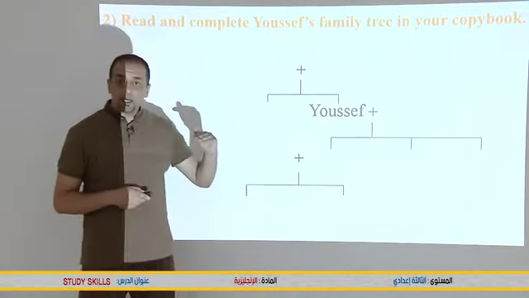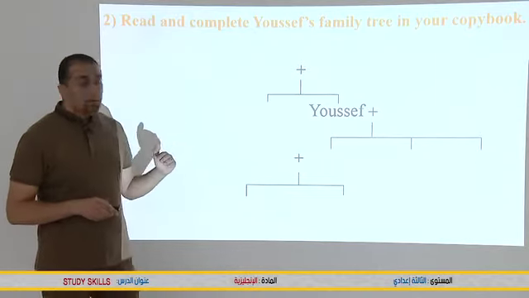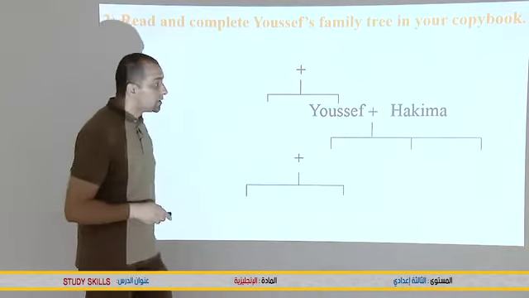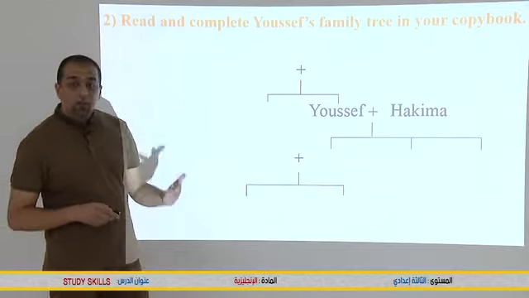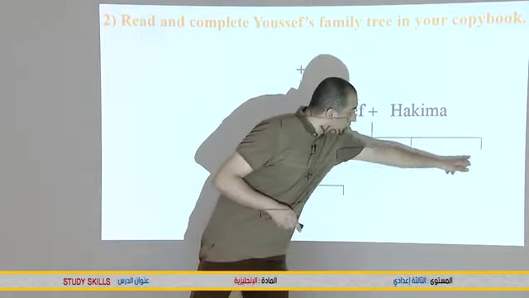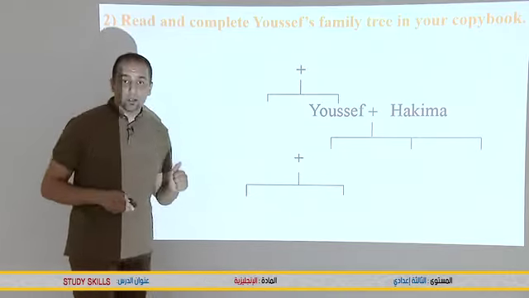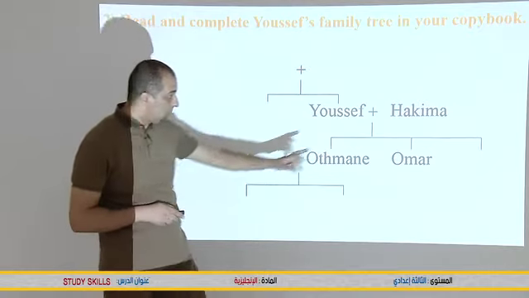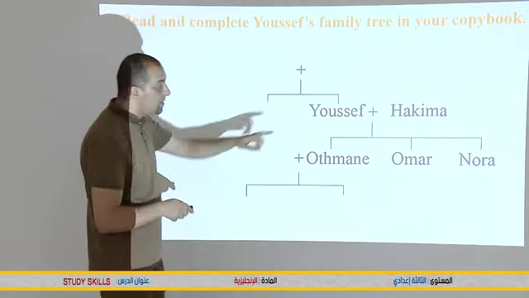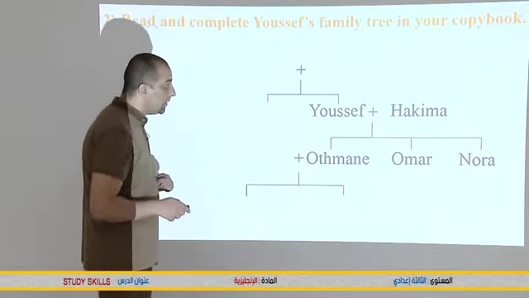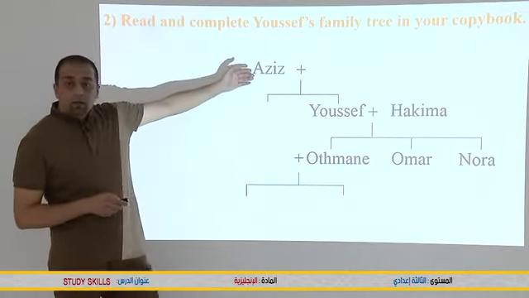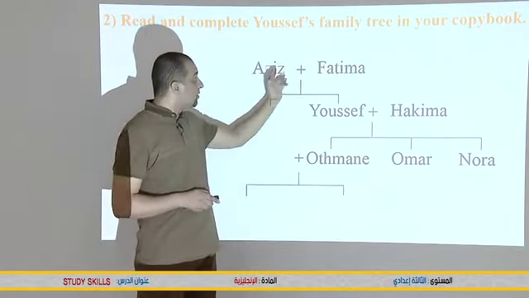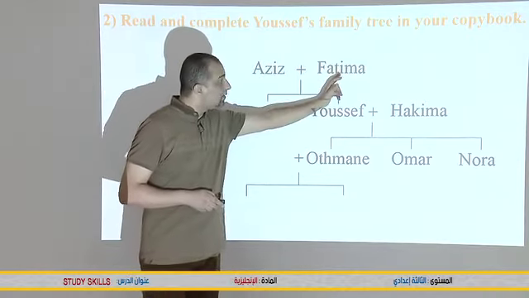So the paragraph starts like this. My wife's name is Hakima. So Hakima should be here because Hakima is the wife of Yusuf. Then he said, I have 3 children: 2 boys and a girl. The boys' names are Omar and Uthman, and the girl's name is Nora. Then he said, my father's name is Aziz and my mother's name is Fatima. So here is the place of Aziz and Fatima.